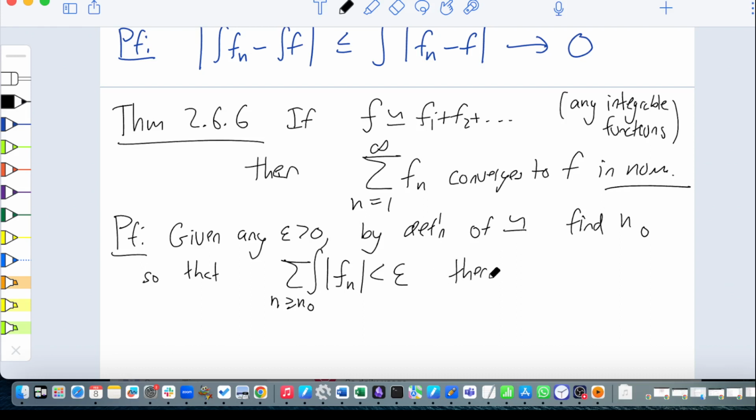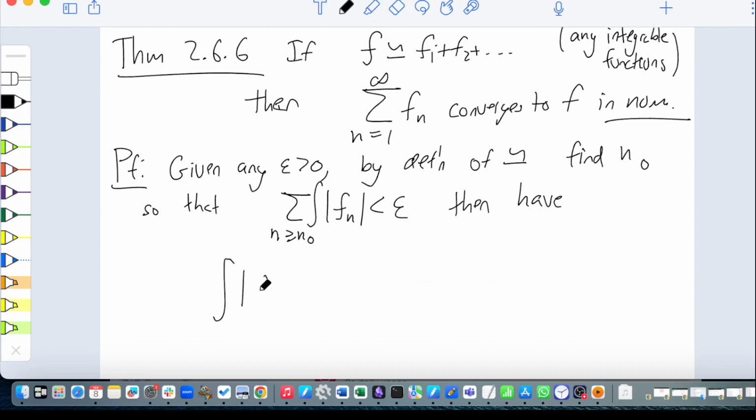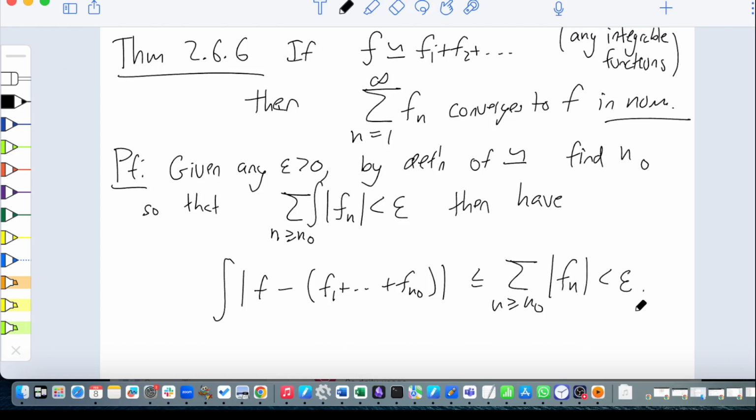And then you have, again by all the triangle inequalities we proved, that f minus the sum of the first n naught terms will be less than the sum of n greater than n naught of absolute value of fn, which is less than epsilon. So the norm of this f minus the sum is becoming less than epsilon, and we can do that for any epsilon greater than 0. Therefore, they can converge down to 0 in norm. I believe the theorem we invoked here is theorem 2.3.1, way back when, which was several classes ago now.